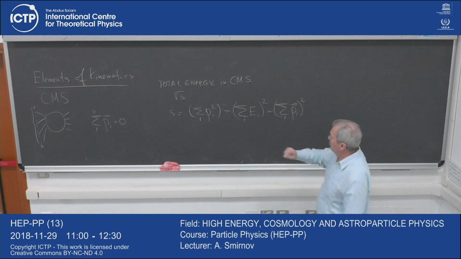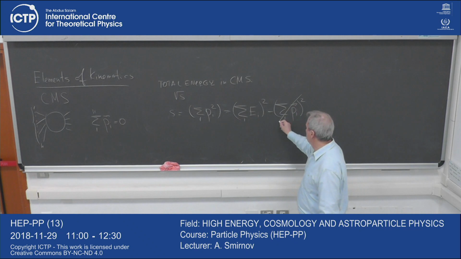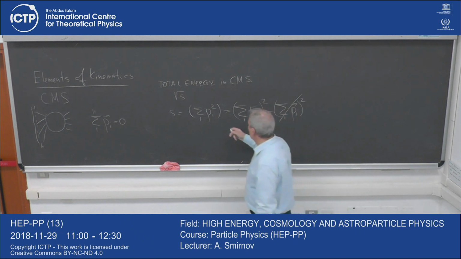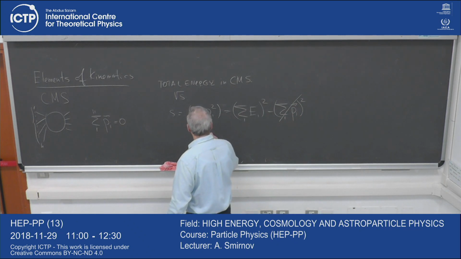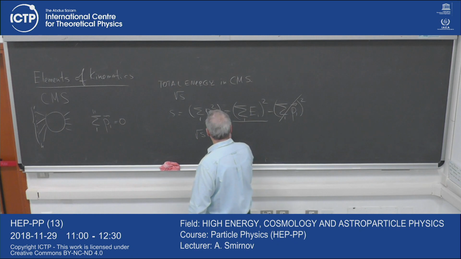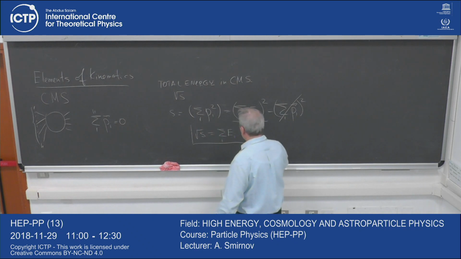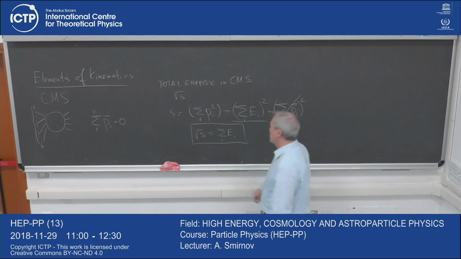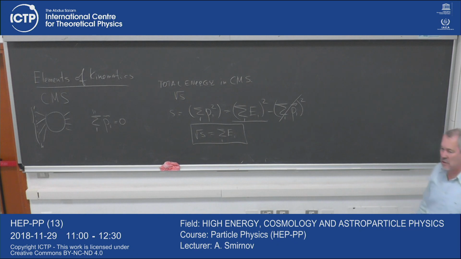And if you are in the centrum of mass, then this is 0. And what you will get, the square root of S, is just the square root of the first term, which is the sum over i of the energies of the particles. So this is the origin of the name of this invariant. This is the total energy in the centrum of mass of the system of particles. Okay? Good.